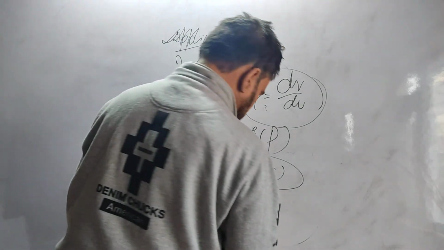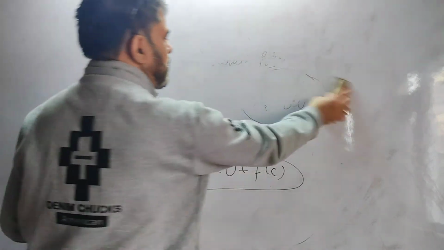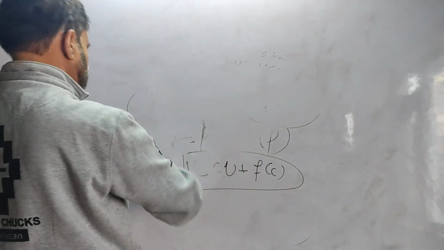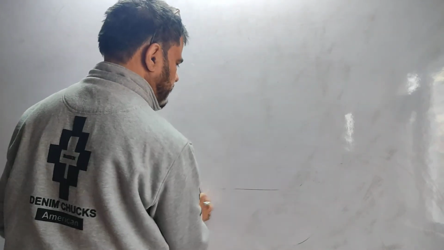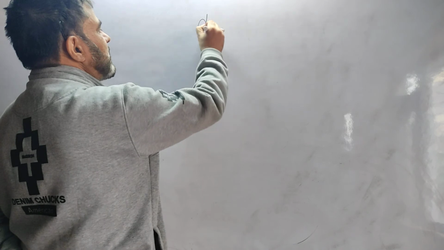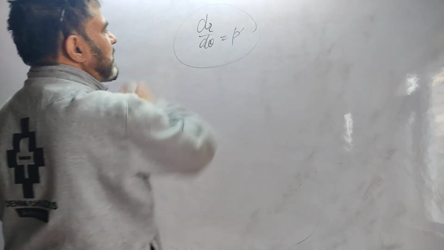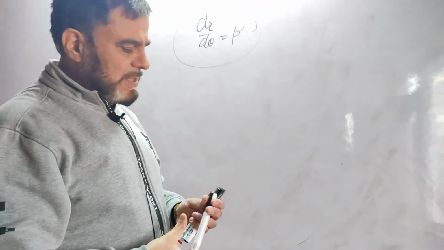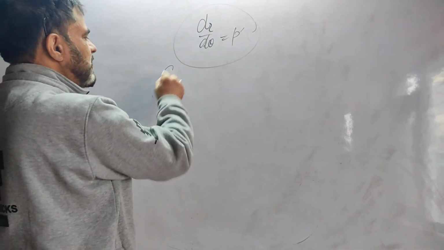Suppose in certain cases you have a differential equation like this. You write dr by d theta is equal to p dash. Corresponding to this, what is the Clairaut's differential equation?